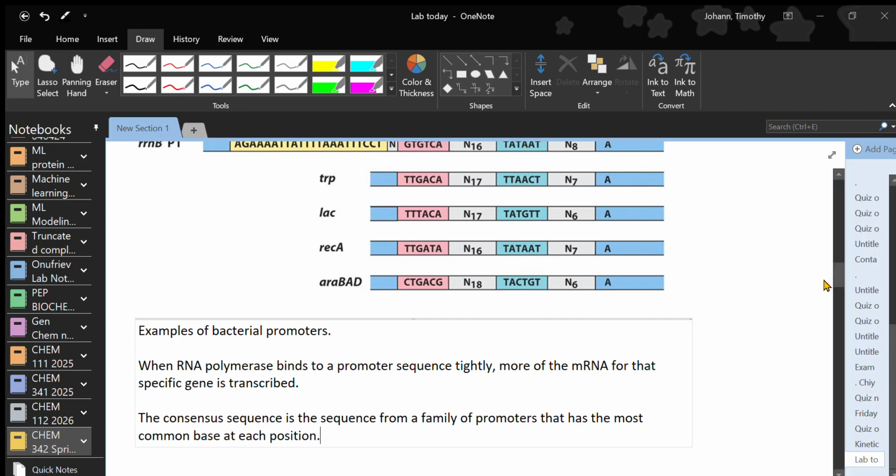So what that means is your consensus sequence might not even be a natural sequence. It's not the most common natural sequence.